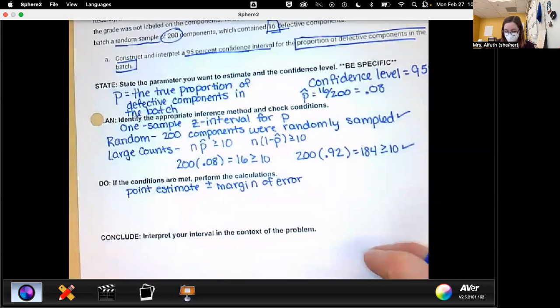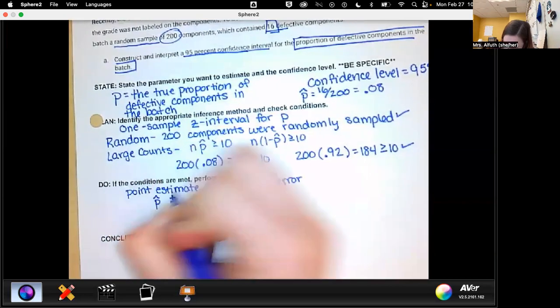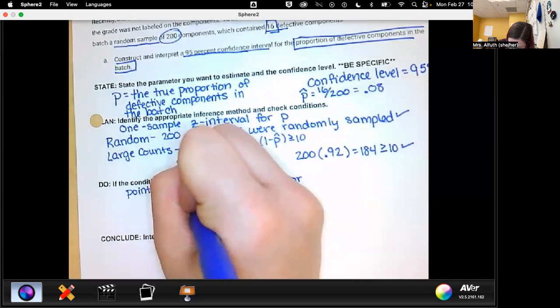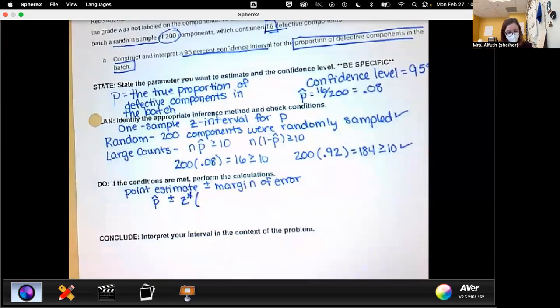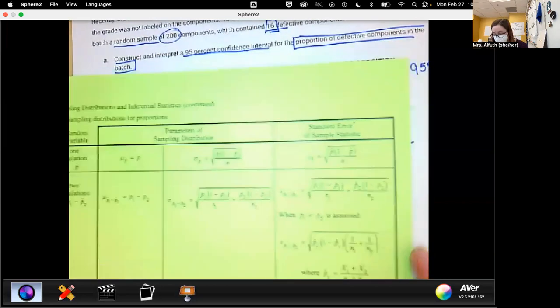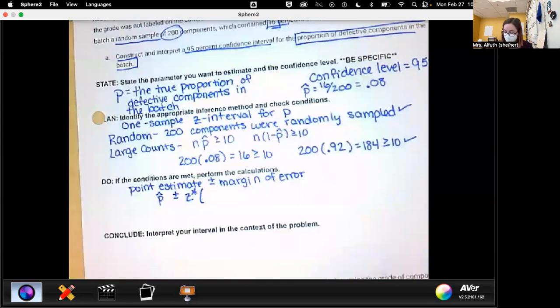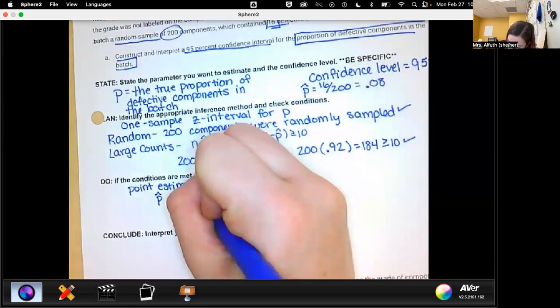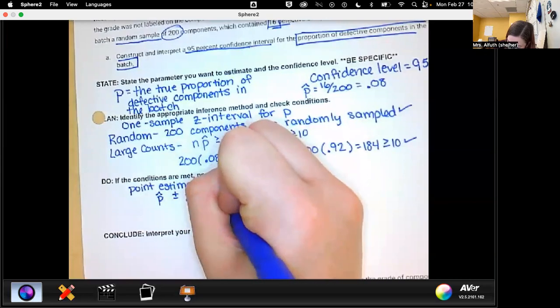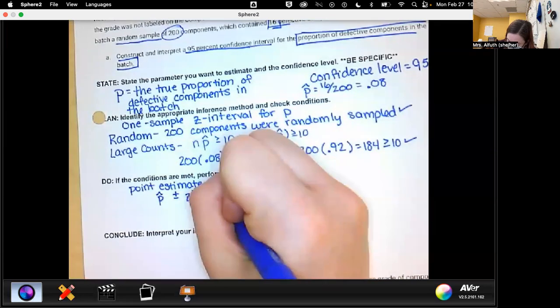That's my general formula. My specific formula for this one is going to be p hat plus or minus z star times my standard error of the sample statistic on the back of this page. We've got that standard error of the sample statistic here. So times the square root of p hat times 1 minus p hat over n.